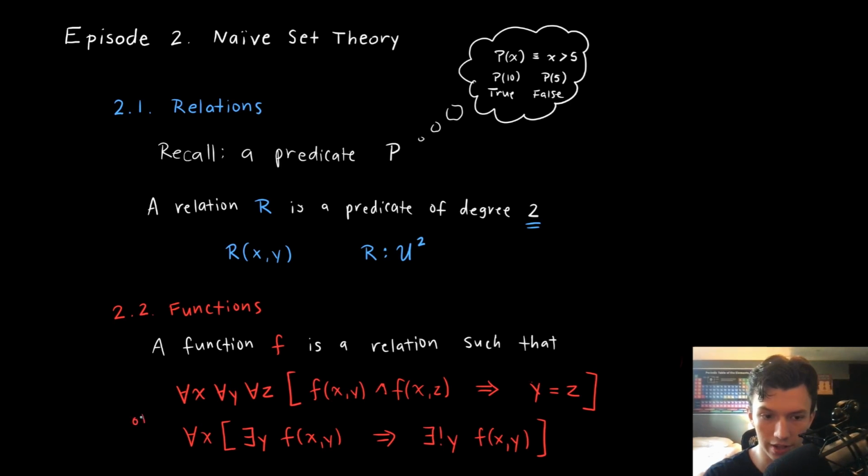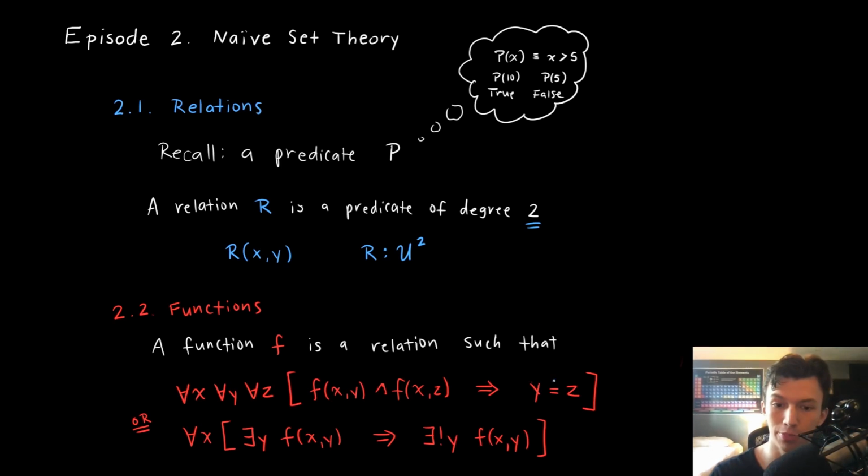There are two ways to say this, and the reason is that this unique existential quantifier is defined in terms of equality, so it breaks it down into a simpler form, because it compactifies the equality inside of itself. So those are two different ways to say what a function is, okay? If it has an output, then that output is unique.